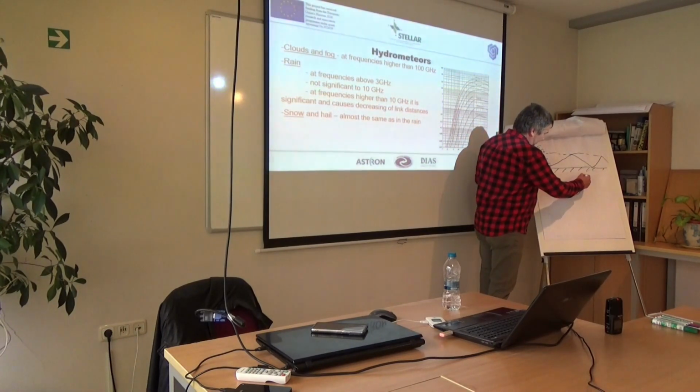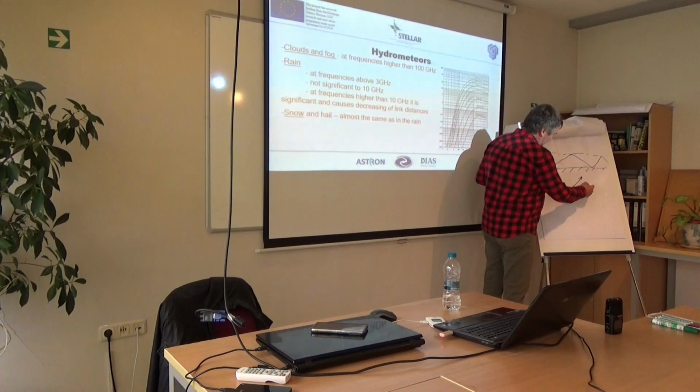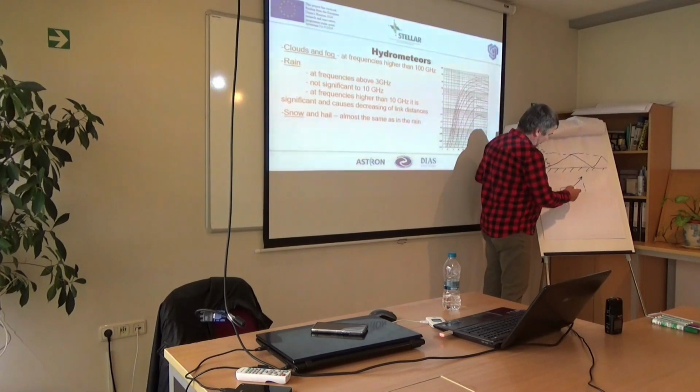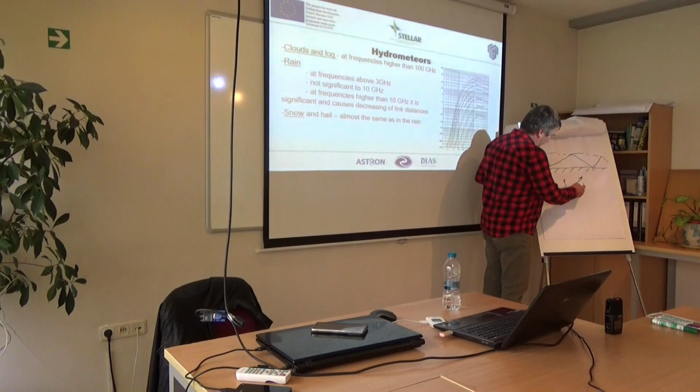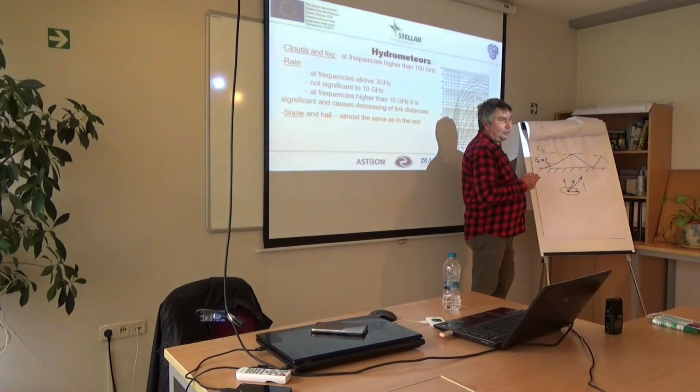And if this is the direction of polarization, for example, this will be the horizontal component, a little bit higher will be the vertical one, and after the rain, maybe this will be the polarization of the wave.